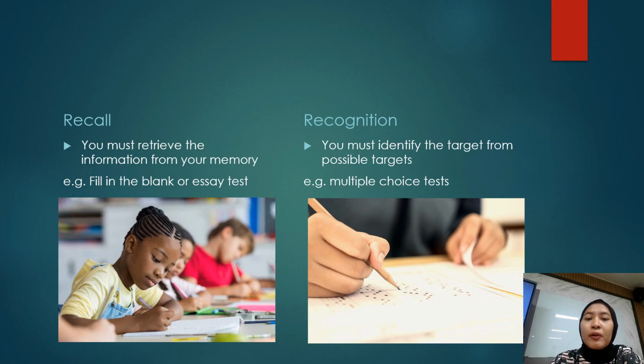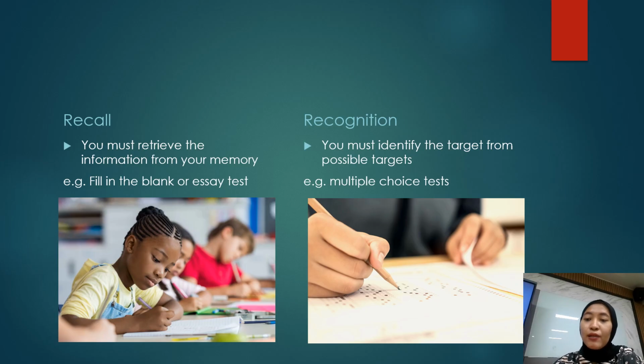Okay, now what about recognition? So recognition is the activity when we identify the target information from possible targets. For example, when we do multiple choice tests, there are several choices, so we have to recognize which one is the correct answer.